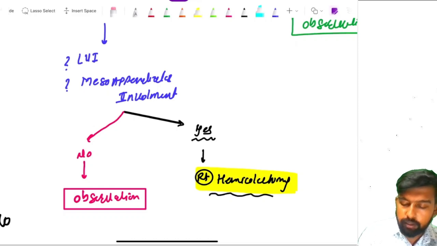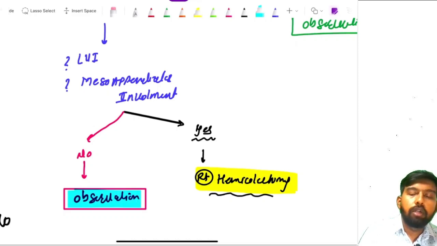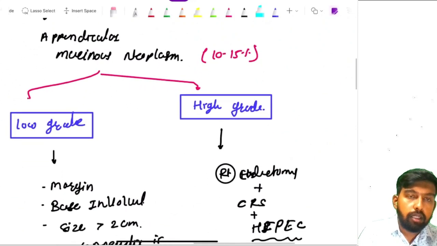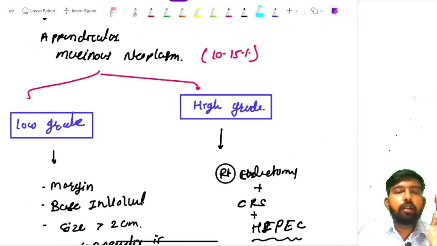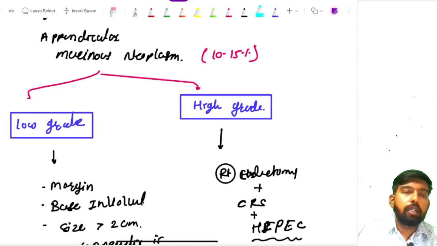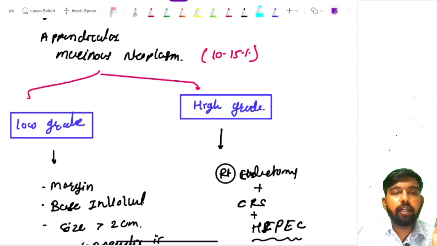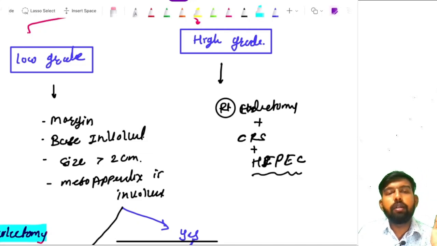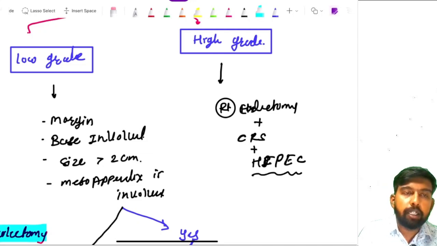And if the tumor is an appendicular mucinous neoplasm, then we should look at the histopathological characteristics: it can be a low grade or a high grade tumor. In case of a high grade tumor, we should do a right colectomy plus cytoreductive surgery, plus the patient should be referred for HIPEC.